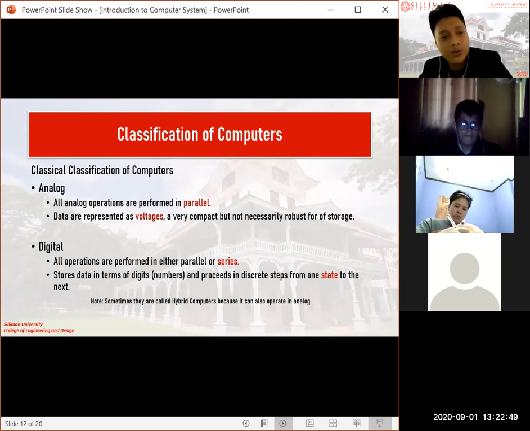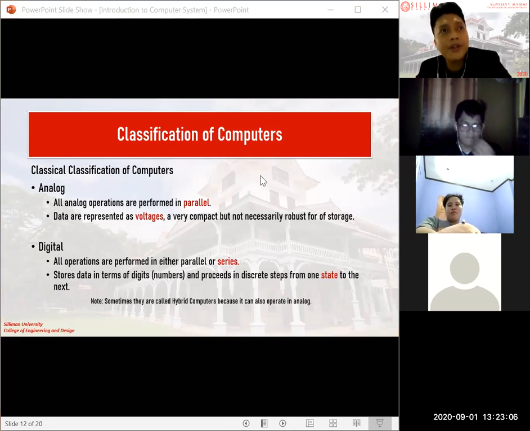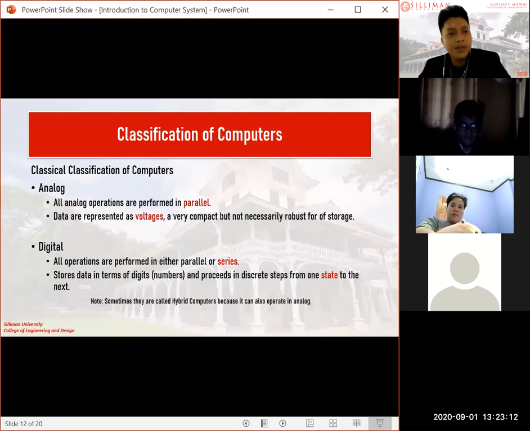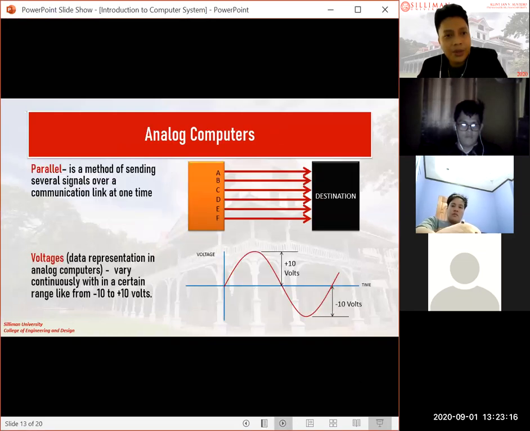It's now transitioning to series. It stores data in terms of digit numbers and proceeds in discrete steps from one state to the next. Sometimes they are called hybrid computers because they can also operate in analog. But today we see fewer analog computers than digital. That's why we are now living in a digital world.